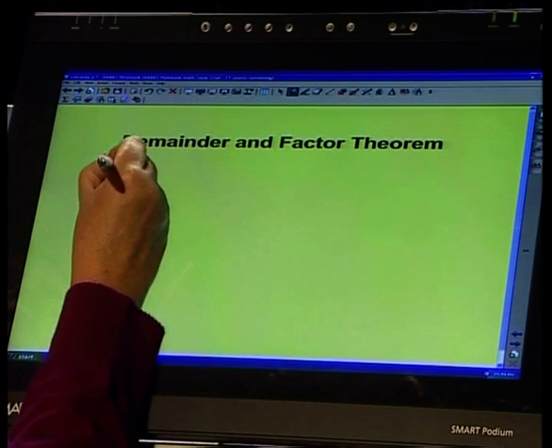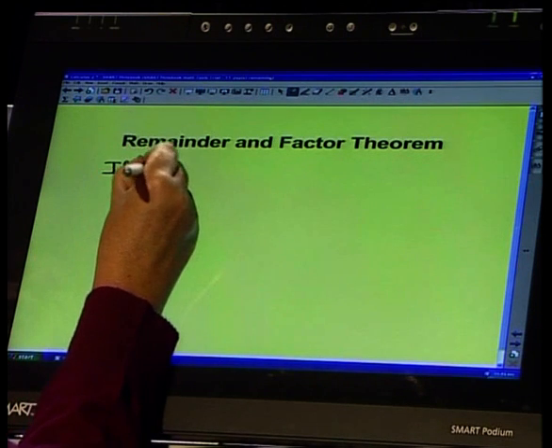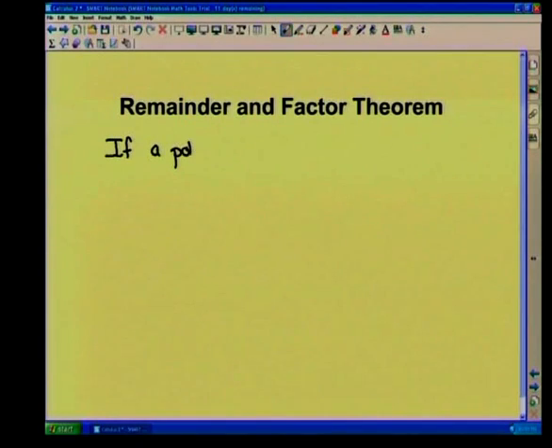Now what it says: if a polynomial. Now I can already hear you groaning. Why do we have to use these dreadful words? Well, it's not that dreadful. A polynomial is an expression, and I'm sure you remember from when you were young, it's an expression with adding and subtracting signs between it. What is important is we never have a negative exponent, which would imply dividing by a variable, and we don't have any surds in it.